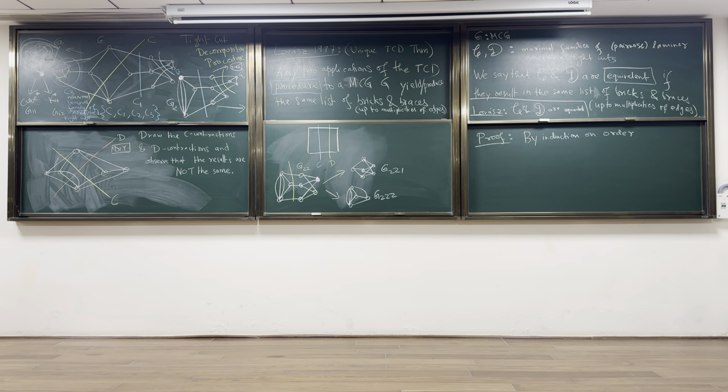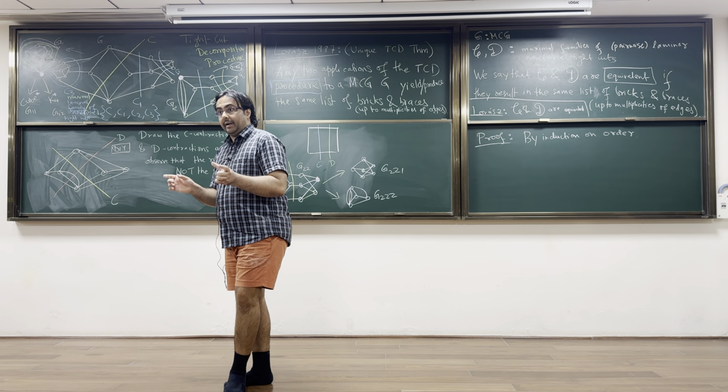If the graph is a brick or a brace, then the families are empty, there's nothing to be done, so this is fine. So the interesting case is when the graph is neither a brick nor a brace. There are tight cuts, therefore a maximal family will have at least one cut.